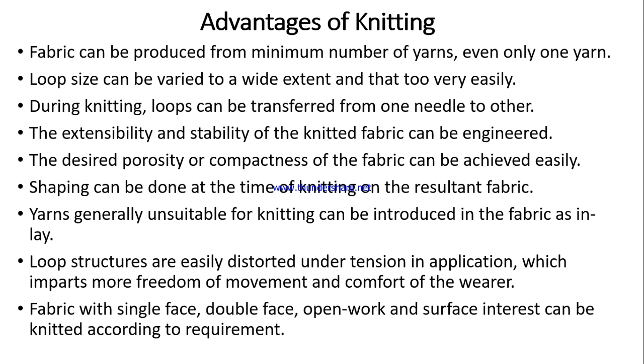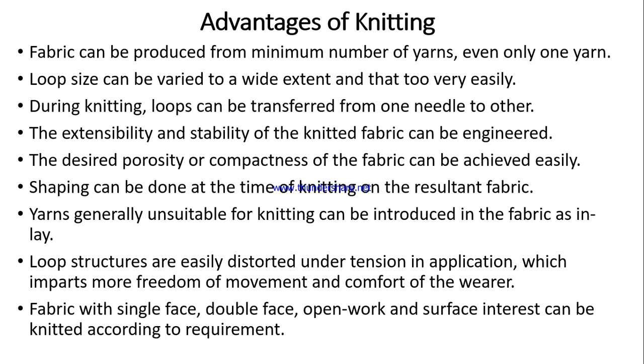For example, a t-shirt is very easy to wear, because a t-shirt is highly stretchable due to its knitted loop structure. But if you want to wear a shirt from the neck like a t-shirt, it is very difficult, because the shirt, which is a woven structure, is not stretchable. Okay, so the shirt structure is not distorted. That is a robust, dimensionally stable structure that is not stretchable like the knitted structure. So this is the advantage with the knitting.